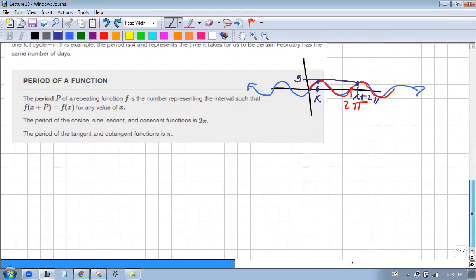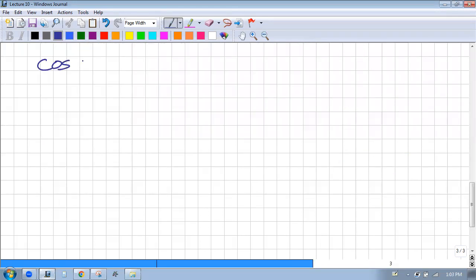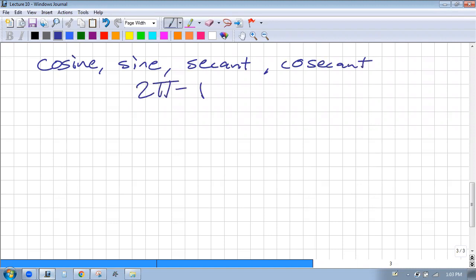So if you think about cosine or sine or secant or cosecant, these are all 2 pi periodic, or 360 degrees. Just think about the unit circle.